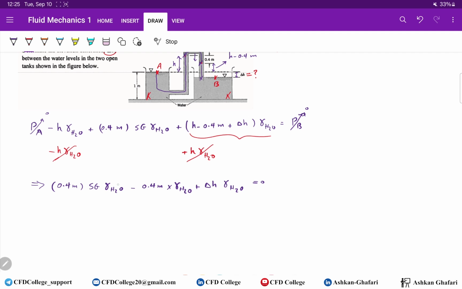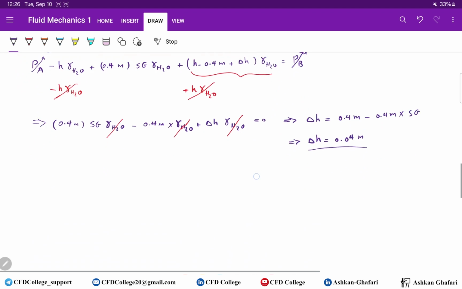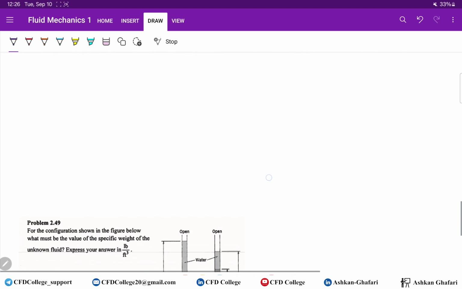So we don't need to multiply the specific weight of water to all these terms. Now we can find delta H. Delta H equals 0.4 meters minus 0.4 meters times SG. So delta H is 0.04 meters. It's so easy if you follow these steps.